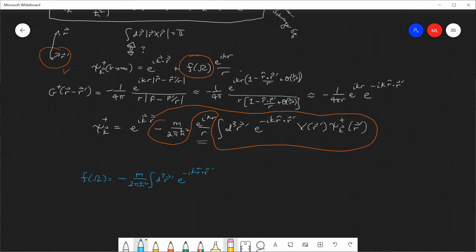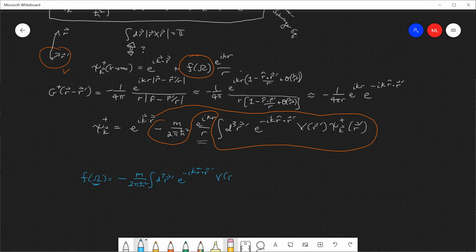But it's not the same as the k vector. It's something that often confuses people, that this isn't the same as the k vector. This is magnitude of k times r hat, and r hat is the direction you're looking at. So it's this direction of the place where you're looking. So something to keep in mind.